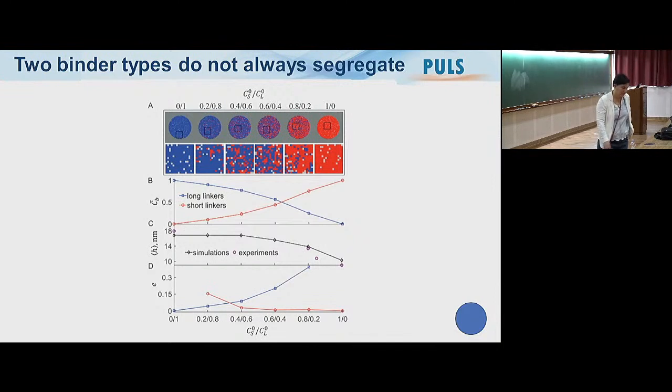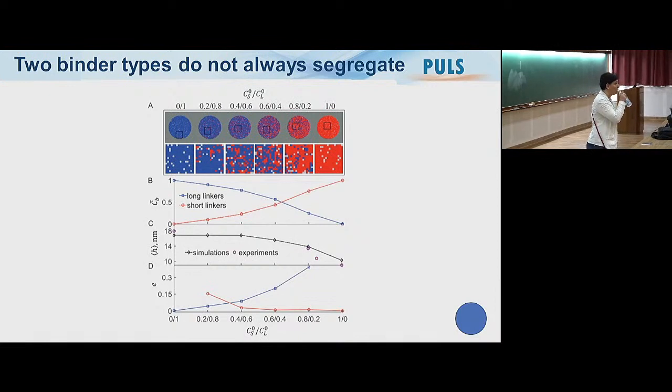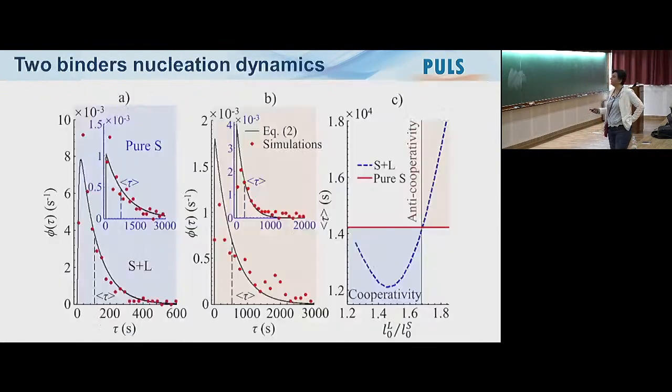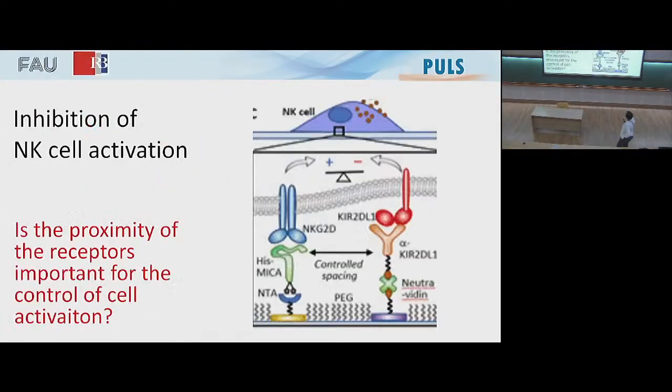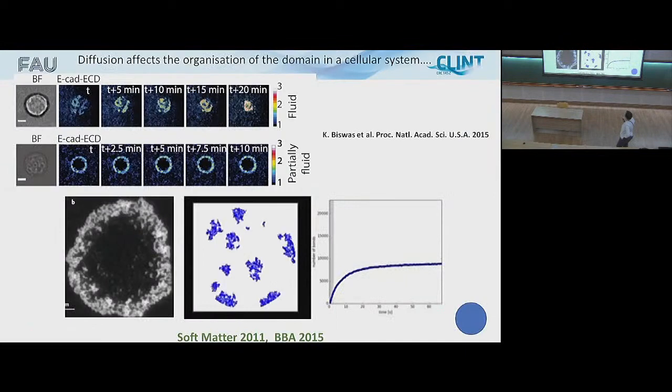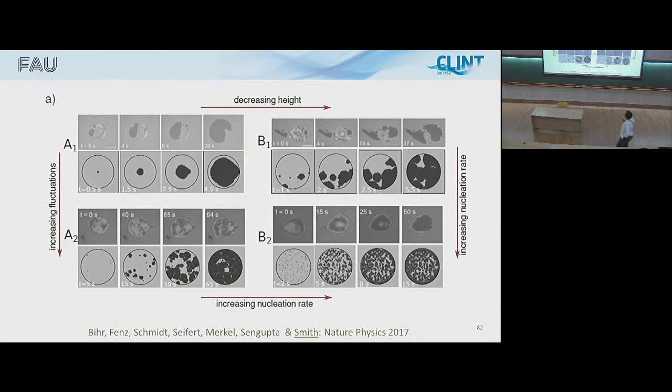Yeah. So in the many body problem, before these two binder types, you were using binders of varying lengths and stiffness, right? Or was it just over here? Here?